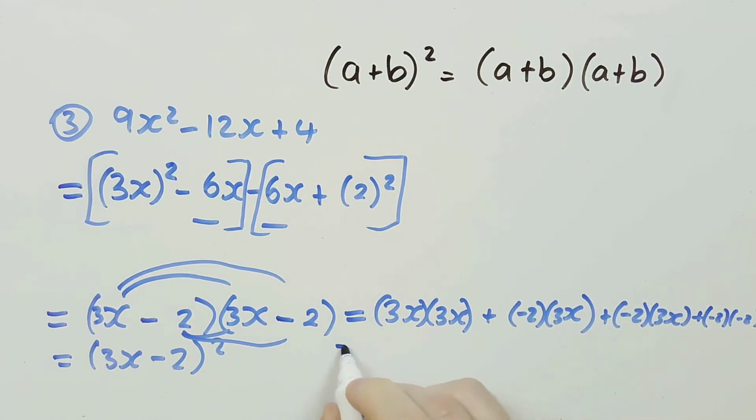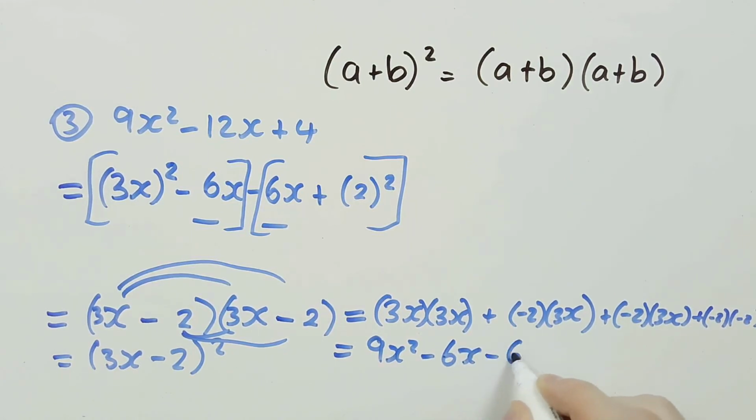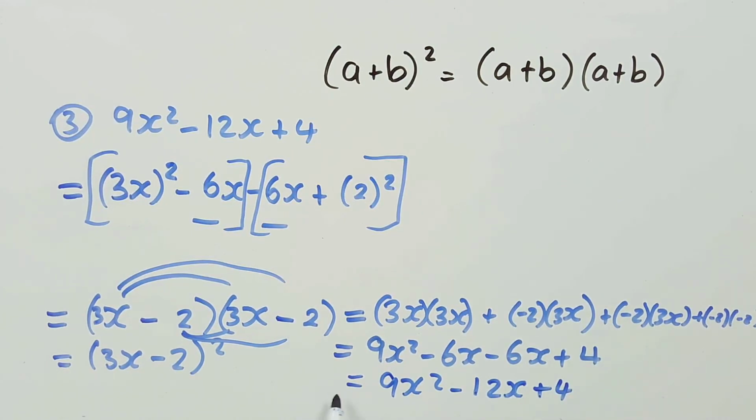And if we expand this all out, we end up with 9x squared minus 12x plus 4. So we do indeed get the answer we're expecting, which is exactly the same as our original equation. So therefore we know that this factorization is indeed correct.